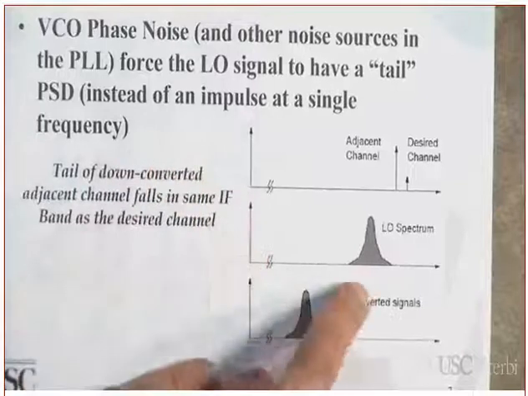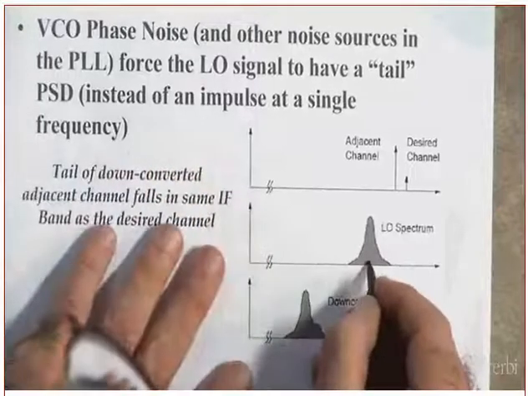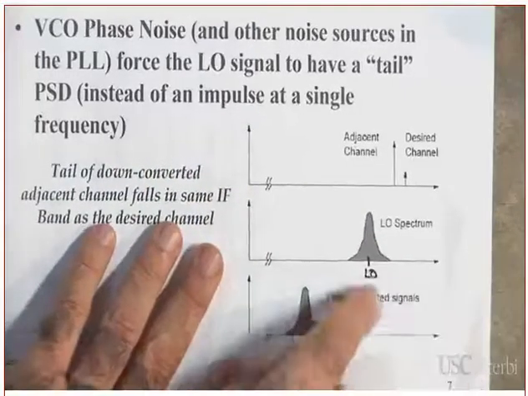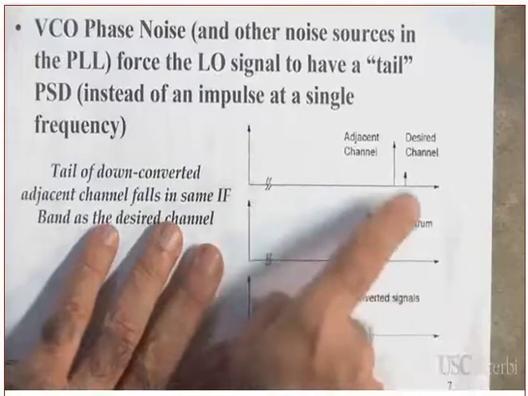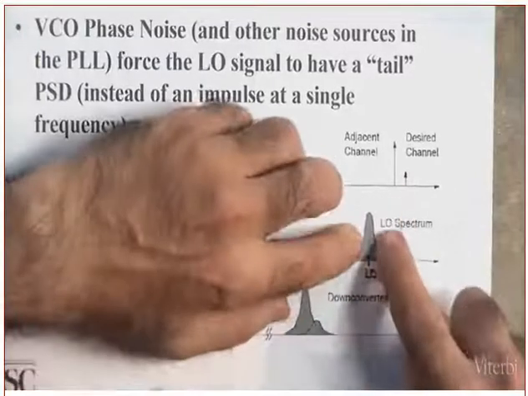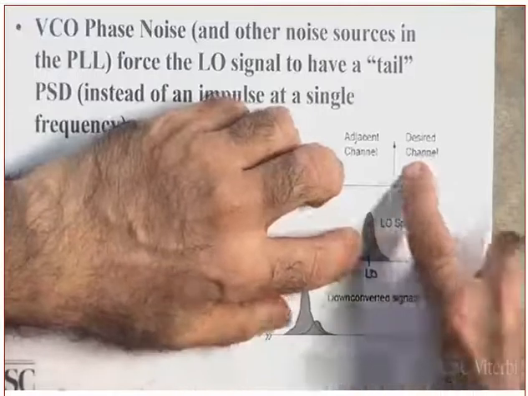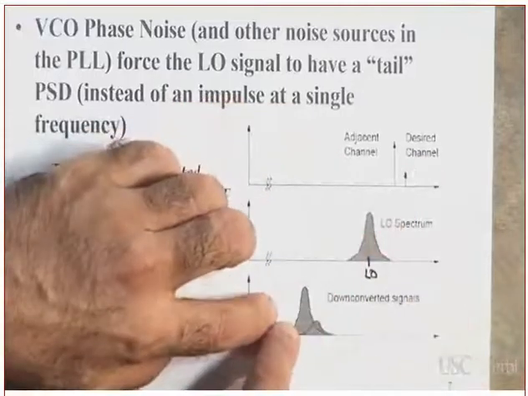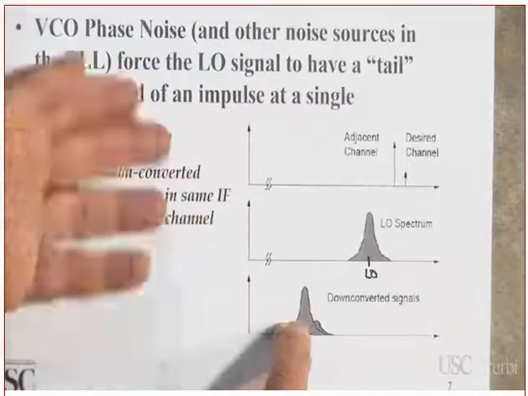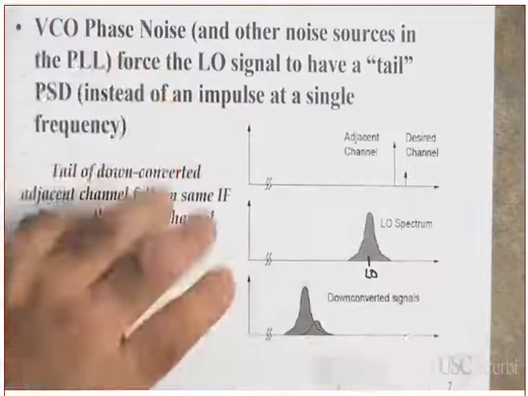Yes? This is the local oscillator. This is the LO. This is supposed to be an impulse. And when you combine this with the desired channel, it is supposed to go to the IF. Do we agree? But now let's see what we have here.